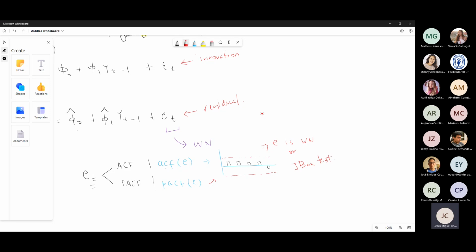Okay, I don't remember the name of the function, but something like this. But you have to do it on the residuals, not here.